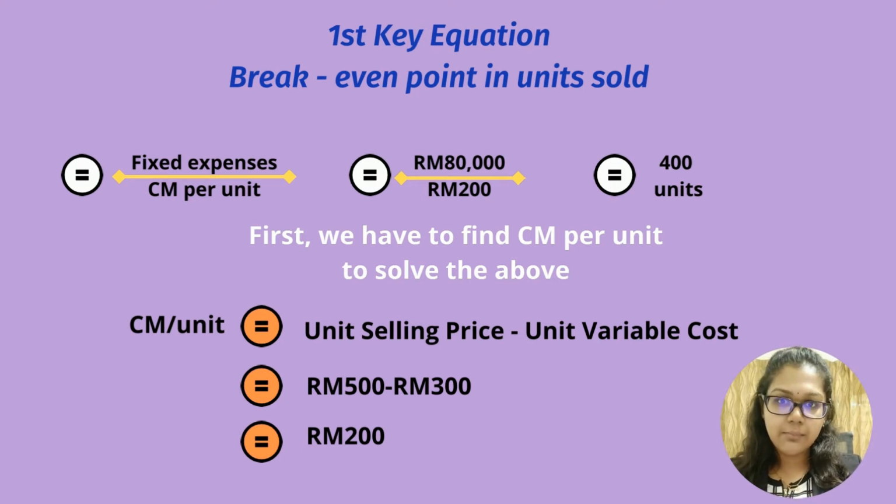We take the selling price per unit minus the variable cost per unit, which is RM 500 minus RM 300, which equals RM 200 per unit. We take this RM 200 and replace it in the above equation. So fixed expenses RM 80,000 divided by RM 200 will give us 400 units. It shows that the break-even point in units sold is 400 units.